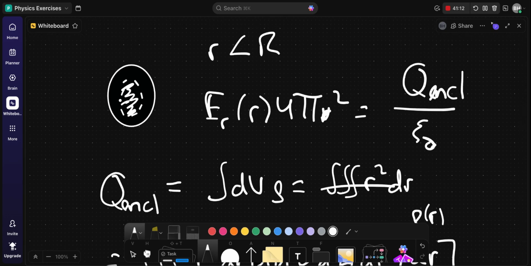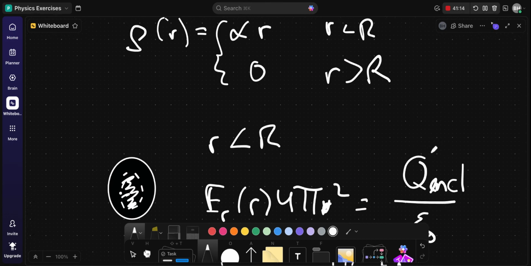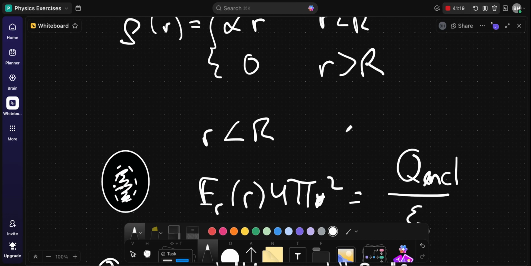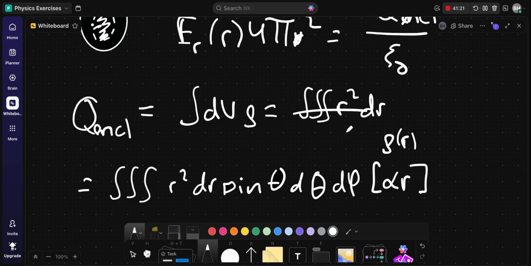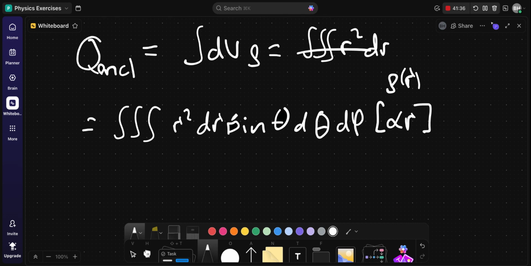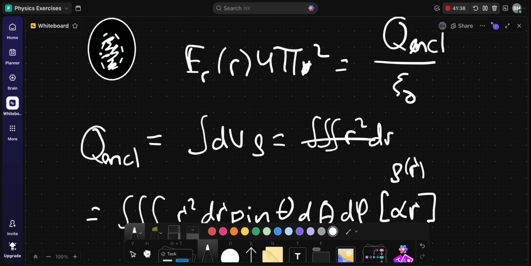Of course, this is a spherically symmetric problem. What we have to do here is integrate, but I have to do a relabeling. I'm going to relabel the running variable r as r prime, because r is going to be the radius of my Gaussian sphere, so that variable is already taken.